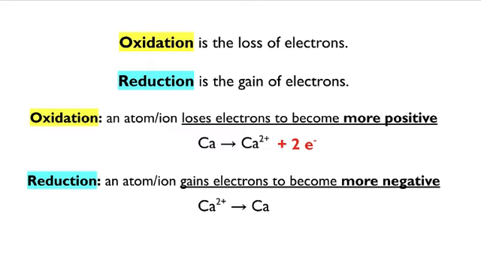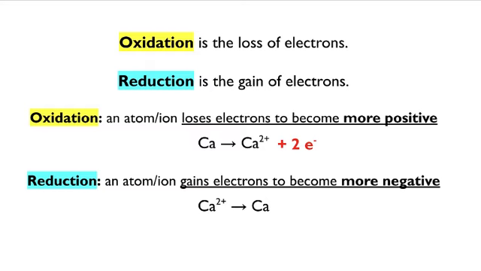And now when we think about how to add electrons to these reactions, right? If we are losing electrons from our starting point to our ending point, so neutral calcium being oxidized to become calcium 2+ ion, those 2 electrons are now no longer in the same species as the calcium ion.